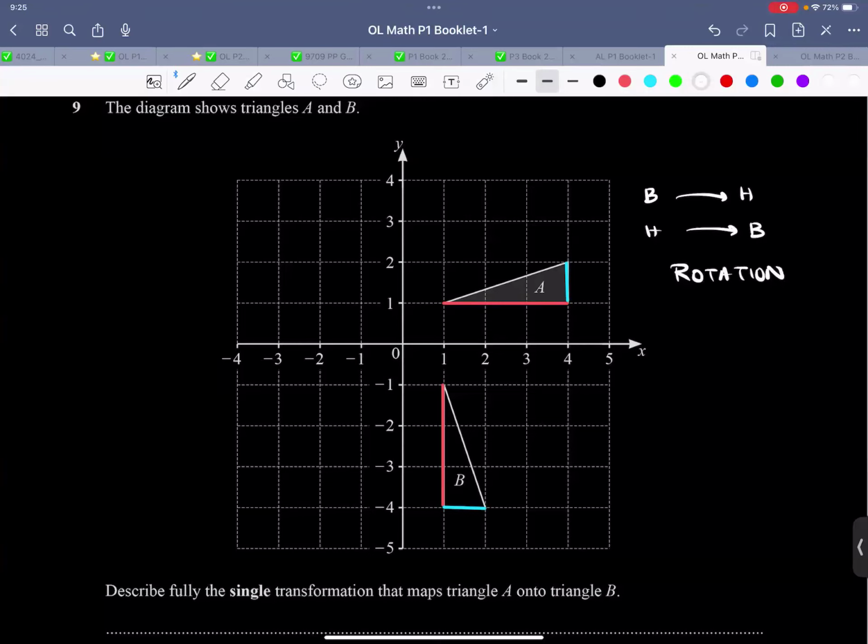That's the first thing. And this is a rotation of 90 degrees. So A is becoming B, and this is 90-degree clockwise.